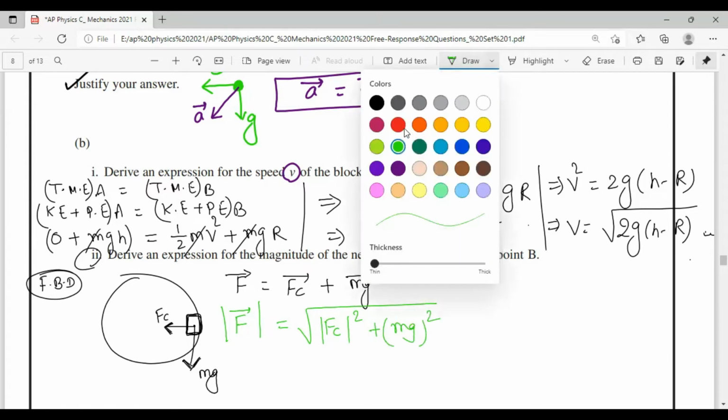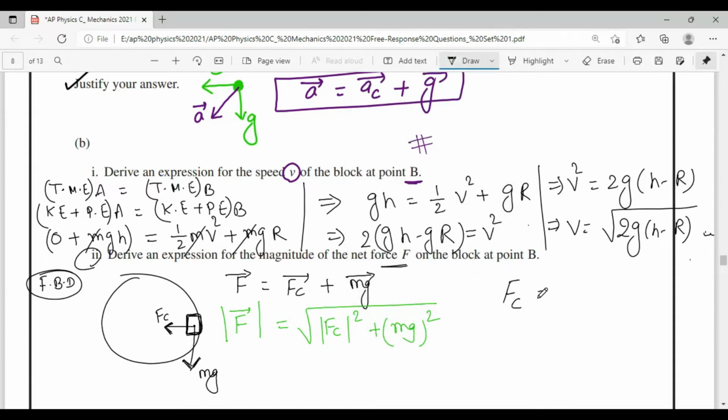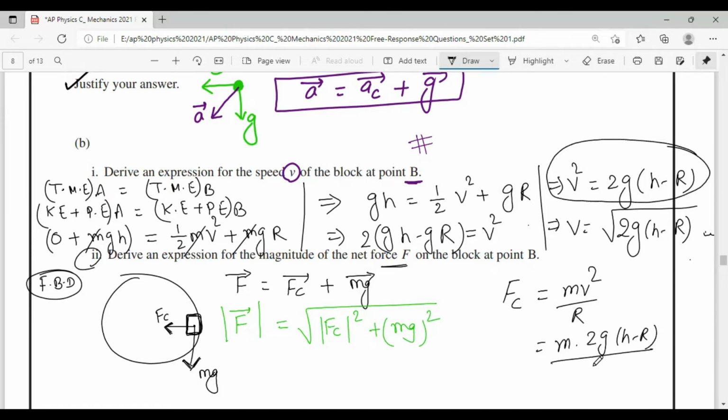So we have to find only Fc. How can we find Fc? We know the centripetal force Fc is equal to mv squared upon r, right? We know the value of m, and v squared is here, as you can see. So it is 2g(h minus r) divided by r.